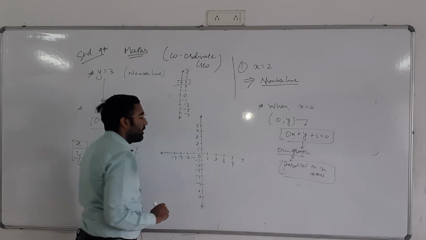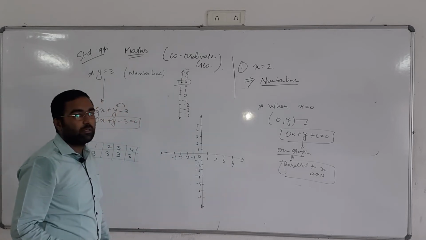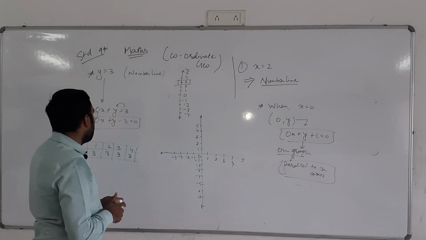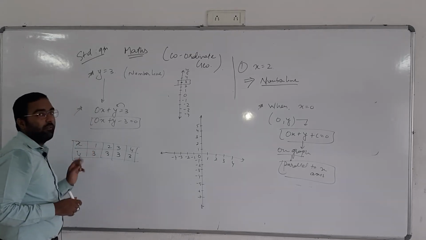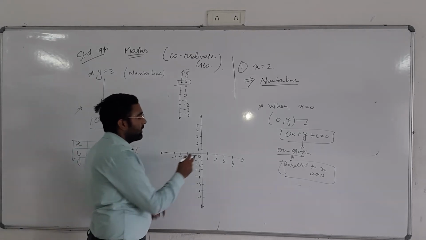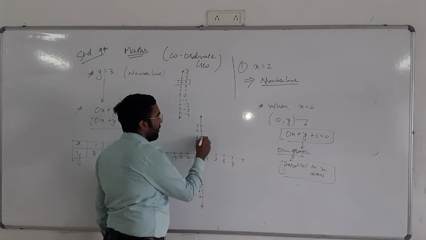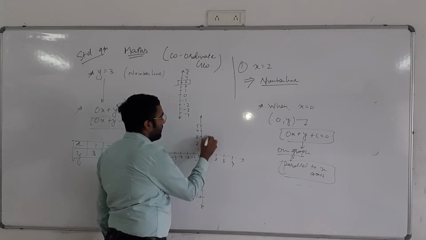Okay. So for this graph, I will take x equal to 1 and y equal to 3. So x equal to 1, y equal to 3, therefore my point is here.